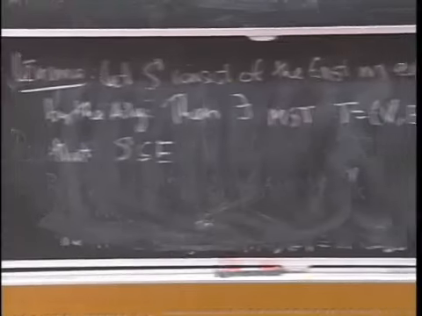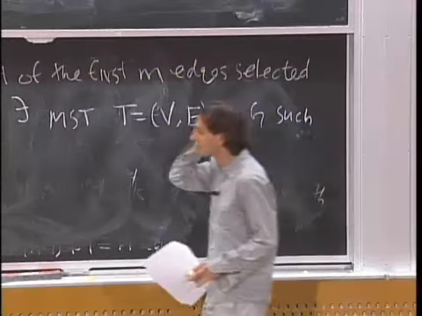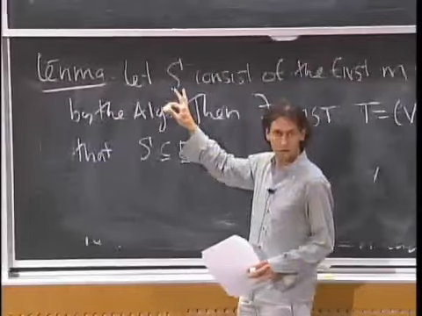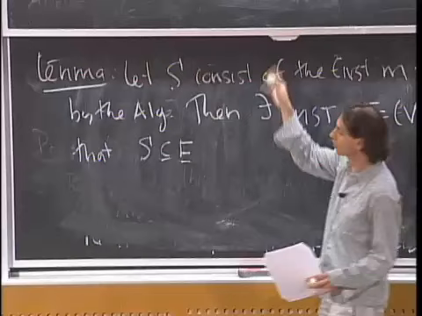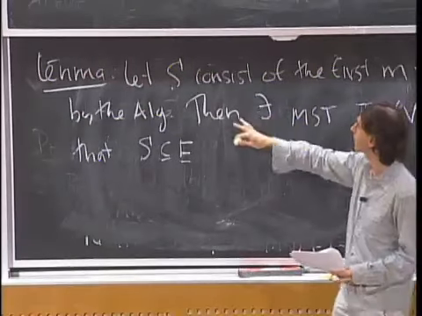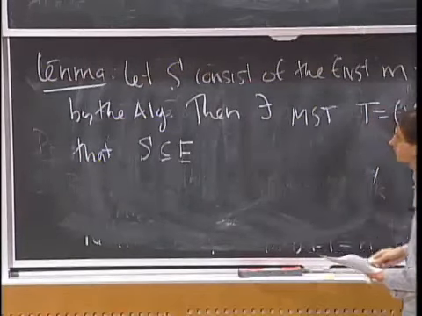So this is a nice mathematical formulation that really precisely states that we can still keep on growing into a minimum spanning tree. So how would this lemma help us in proving the theorem that we want to show?